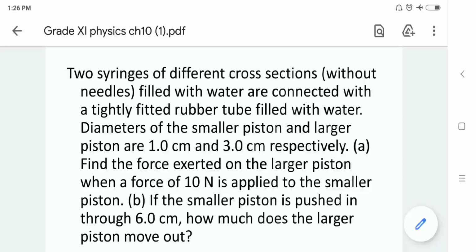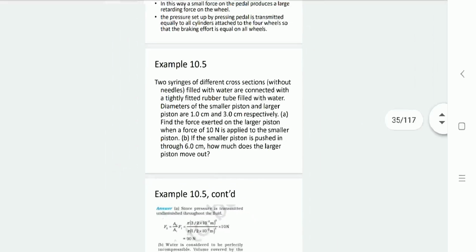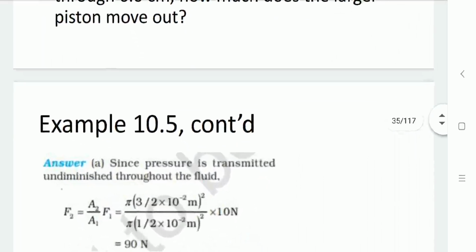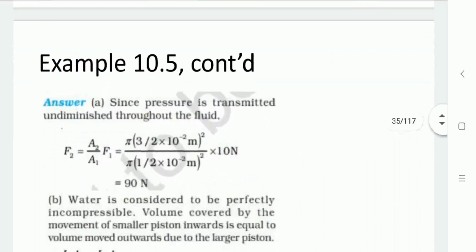So here, based on the fundamental of transmission of pressure, let us understand how the pressure exerted on one piston is transmitted to another piston. So let us understand the first case. In the first case, it is given that a 10 Newton force is applied onto the smaller piston, and we need the force exerted on the larger piston.